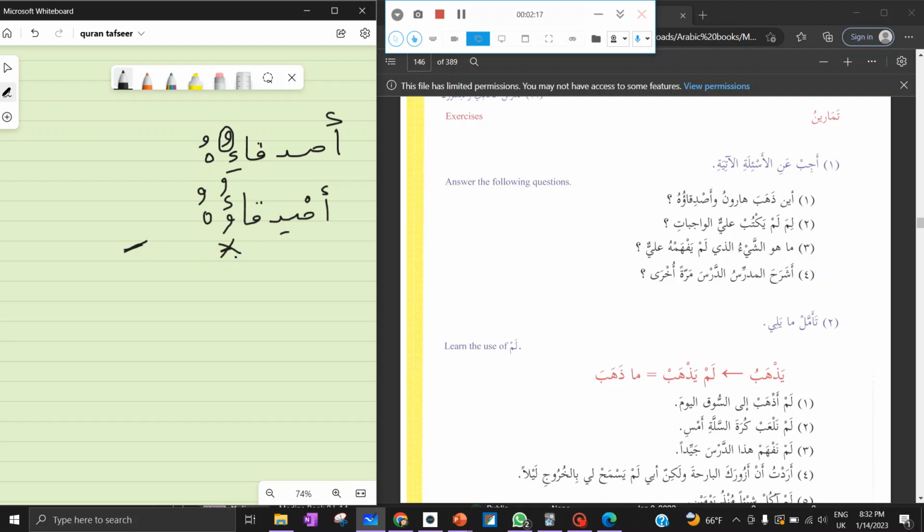Now, sometimes a mamnu min as-sarf comes with lam at-ta'rif. For example, if I write al-asdiqa'. So in the case of mansoob, it can take a haraka here.